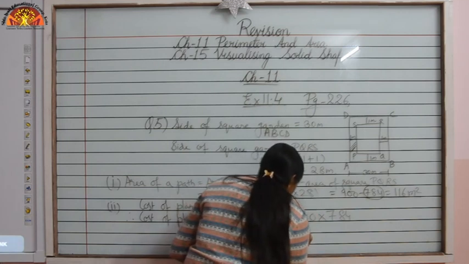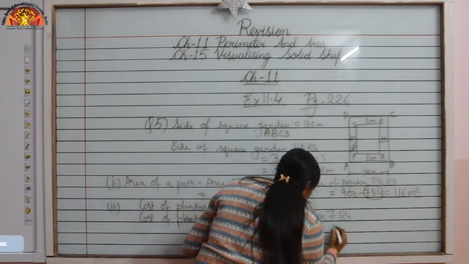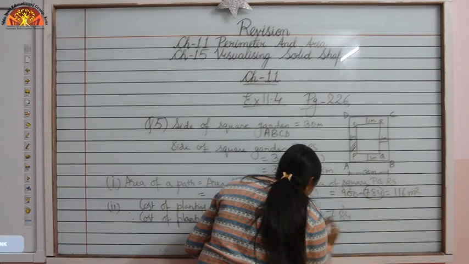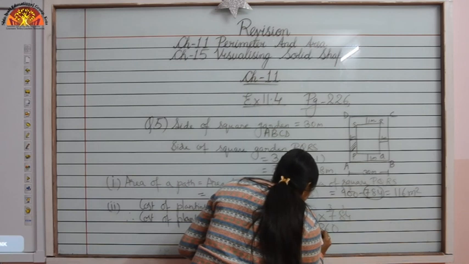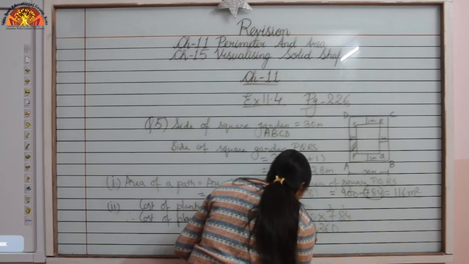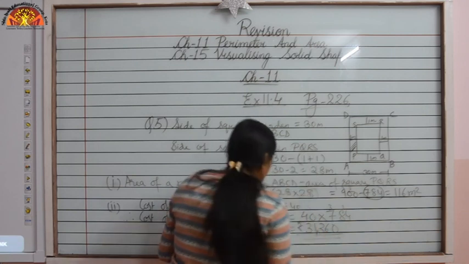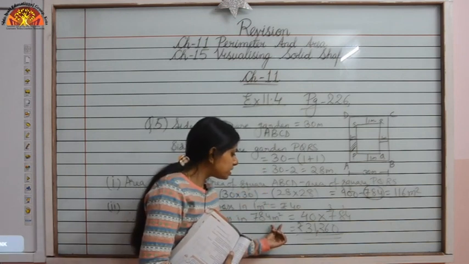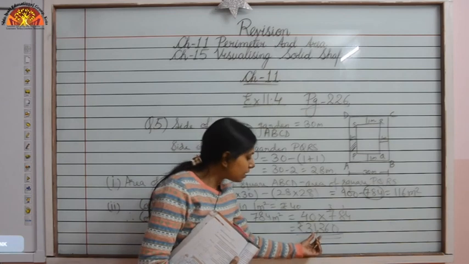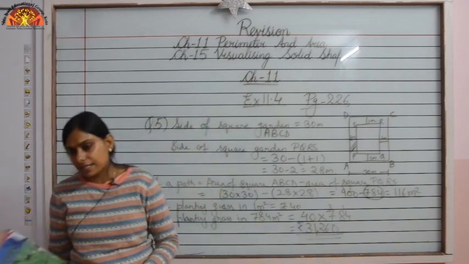So we can calculate now. 0, 4 4s are 16, 4 8s are 32, 33. 4 7s are 28 plus 3, 31. That is 31,360 rupees. So children, the cost of planting the grass in 784 meter square is equal to rupees 31,360. Is it clear?